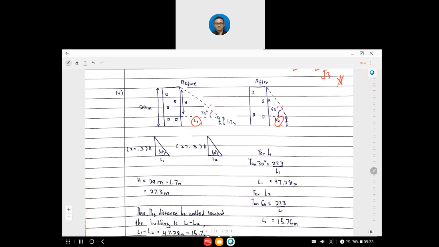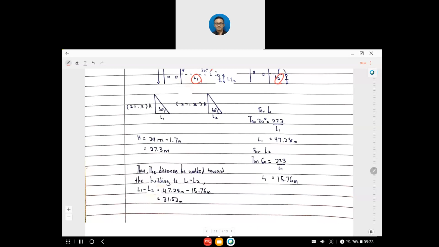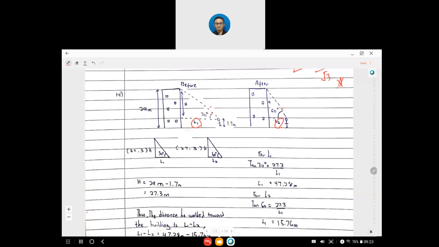So, this one is 29. So, you can use formula apa ni awak guna ni? Tangent. Okay, this one. Tangent. Okay, so you must minus first lah. 29 minus 1.7 is 27.3.